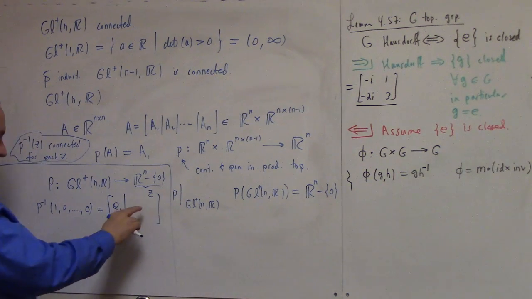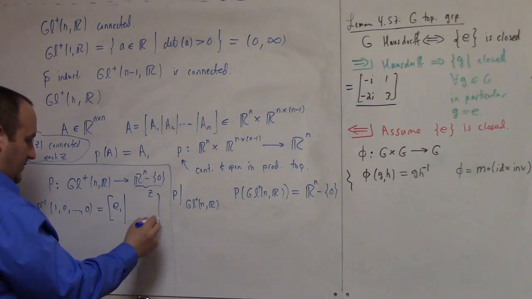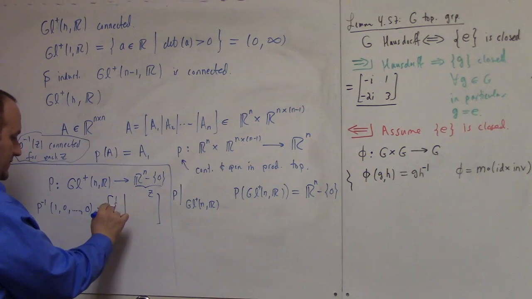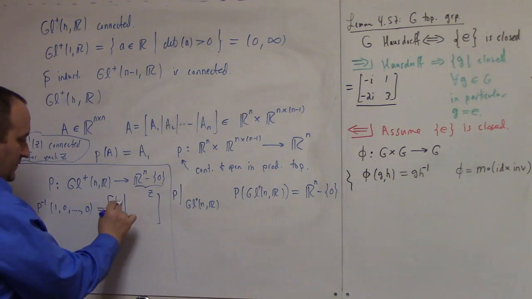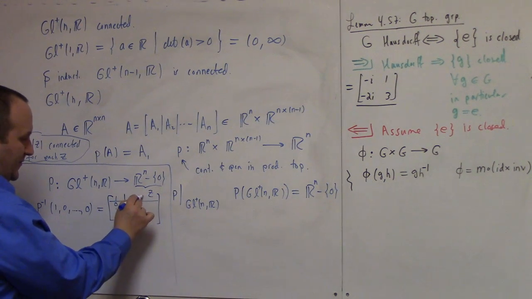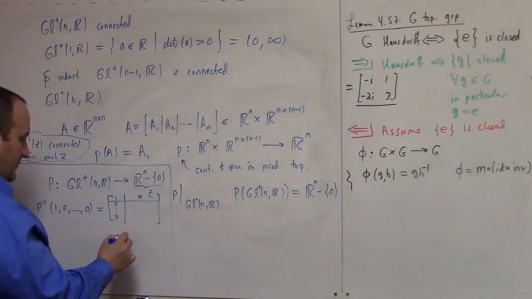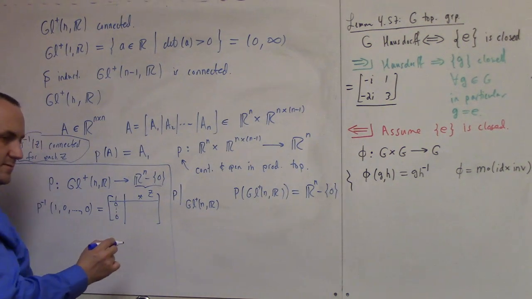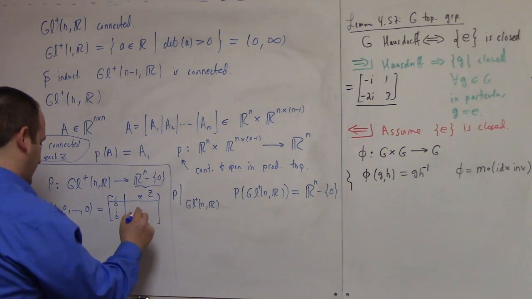It's 1, 0, but there could be stuff up here too. We don't care about that. Why don't we care?